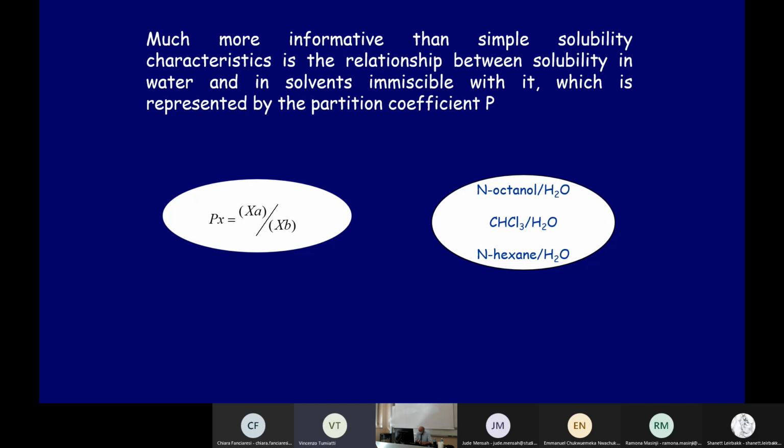How can we measure this important parameter? We can use a biphasic system. Water with another solvent, for example, chloroform.